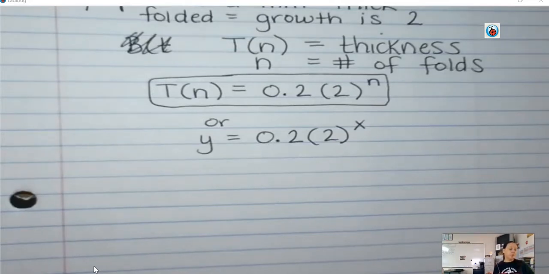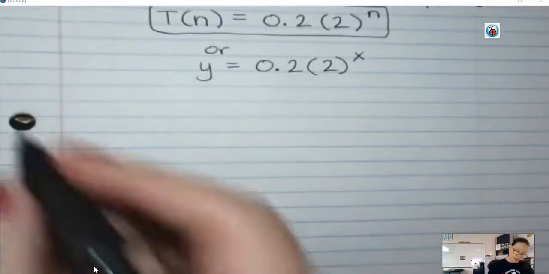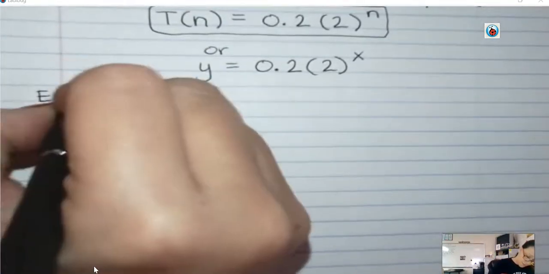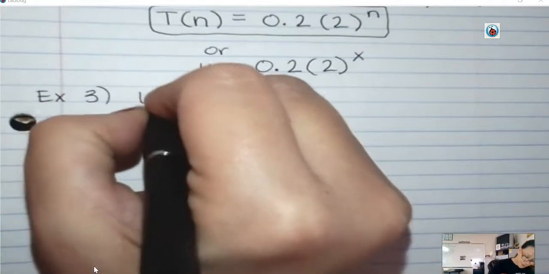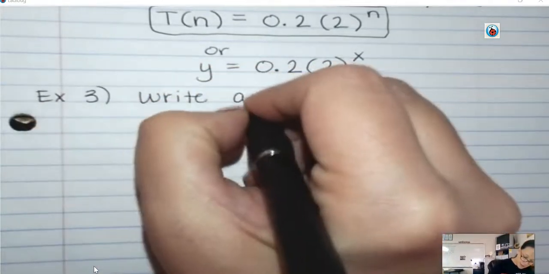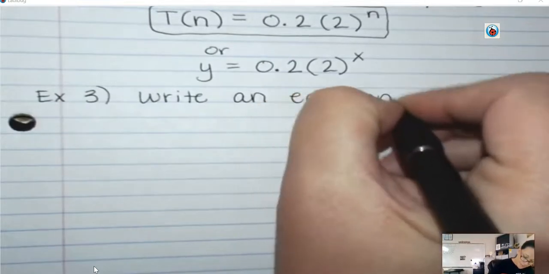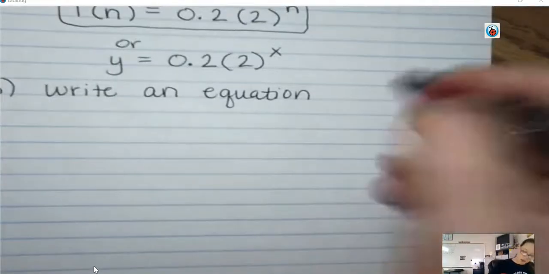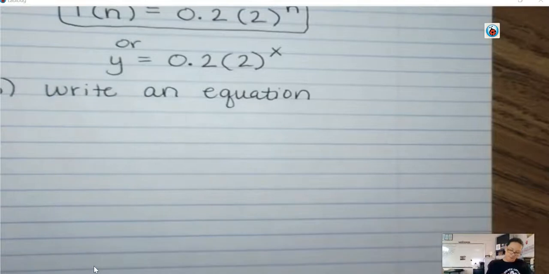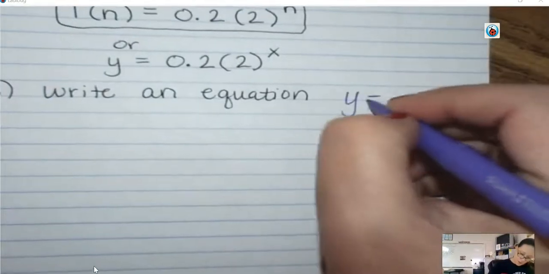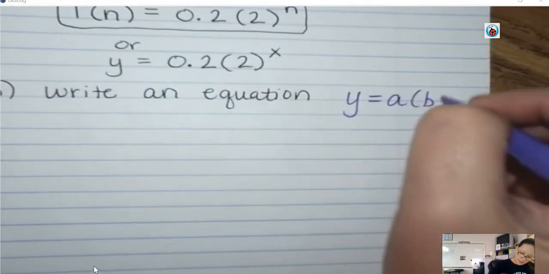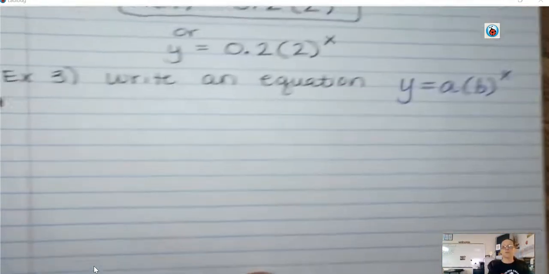Okay, this next example, this is the last one we're doing. This is on your test, and it takes some work, so make sure you're taking really good notes right now. Example 3 is going to say write an equation. Keep in mind when you're writing the equation, it's going to be y equals a times b to the x power.